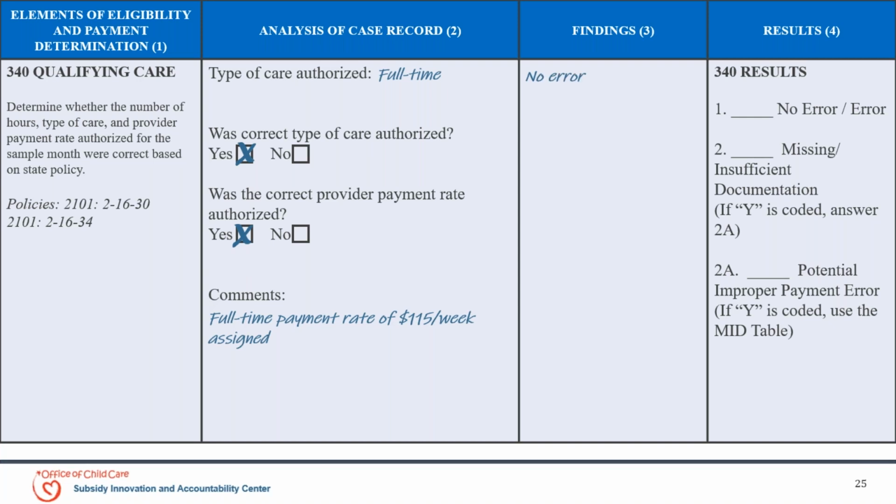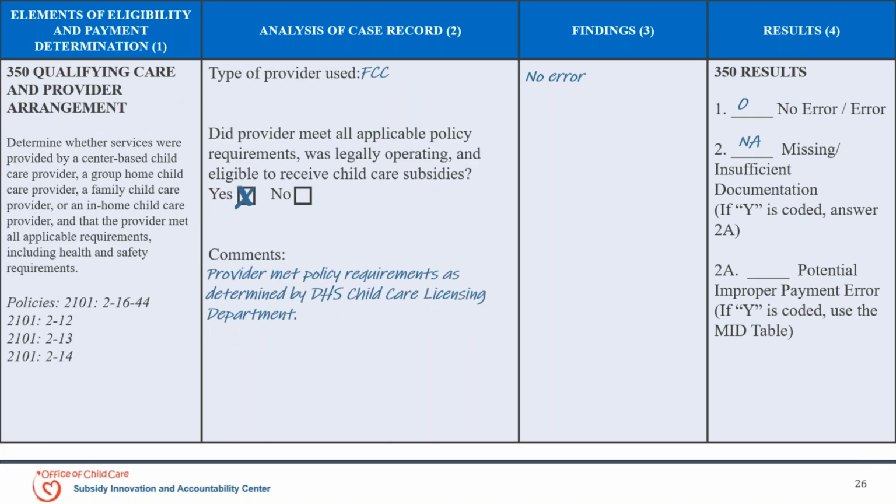And we will complete column 3 and column 4 as such. No error. All right, element 350 is the same as last time. There's no error surrounding the provider arrangement.